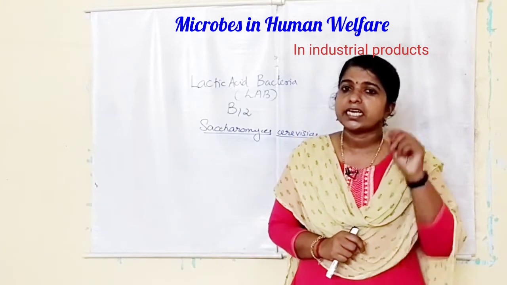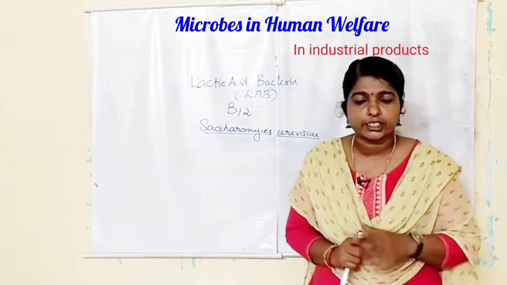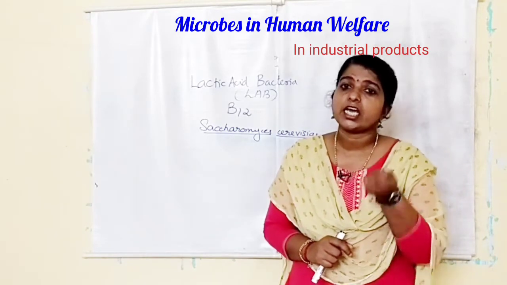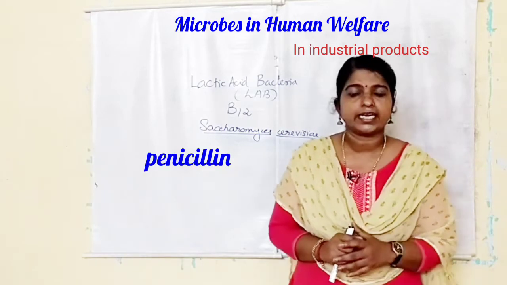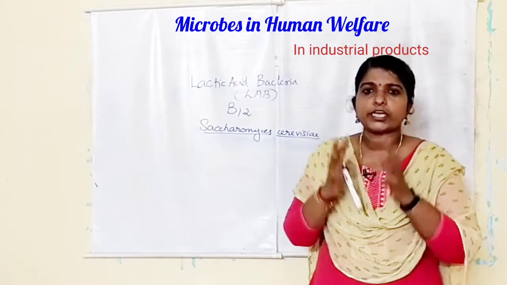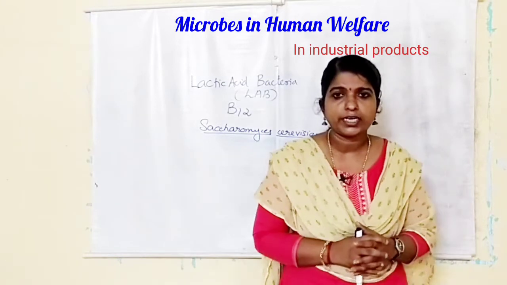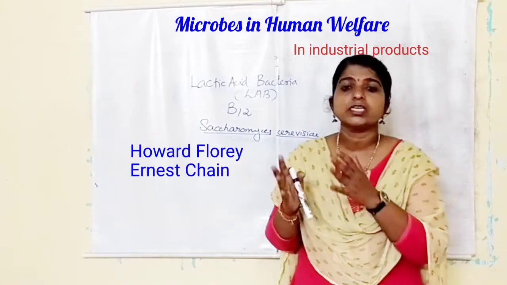Okay, and later he understood that the mold was a fungus, Penicillium notatum, and he called the chemical released from this Penicillium notatum penicillin. That was the first antibiotic. But its full potential as an antibiotic was discovered later by Florey and Chain.